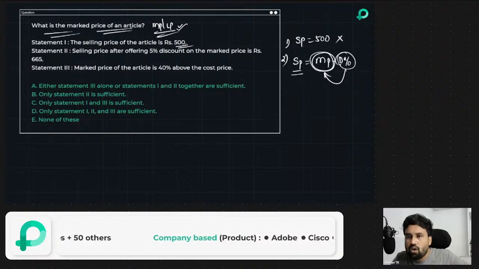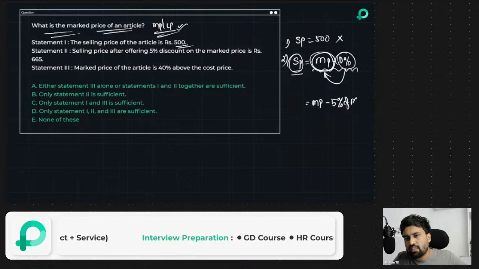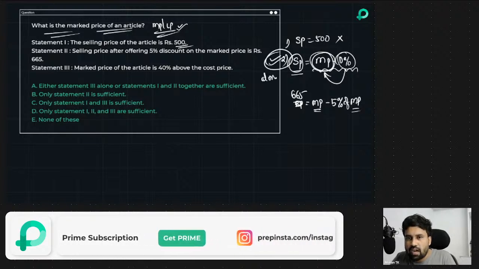Why? Because we know one term, we have MP here, and the discount we will provide is on the market price. So minus 5% here. So 5% of market price is subtracted to get SP. We know SP is 665, and we can find the MP value. We can find it, we don't have to find it. So yes, option 2 alone is giving me the answer.